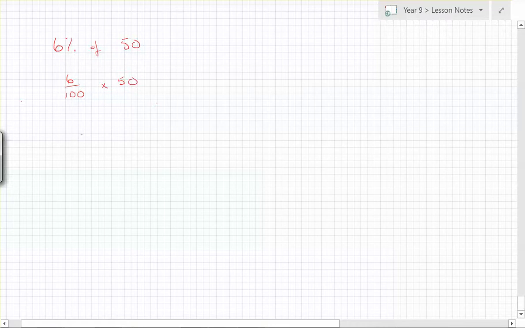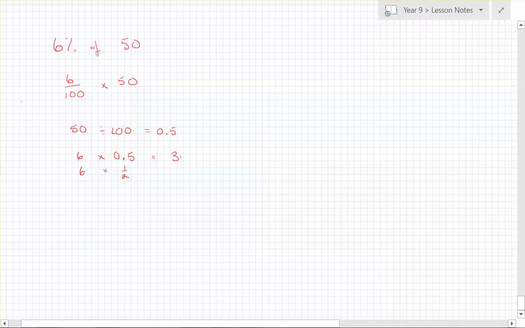So 50 divided by 100 is 0.5. Then times 6, which is the same as 6 times a half. So the answer is 3.